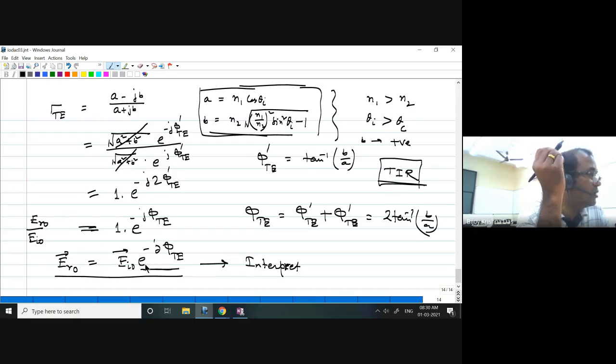So this is very important. Normally, whenever we are talking about integrated optics and electromagnetic waves, we have to consider the field amplitude, not the power or intensity. What is the strength?